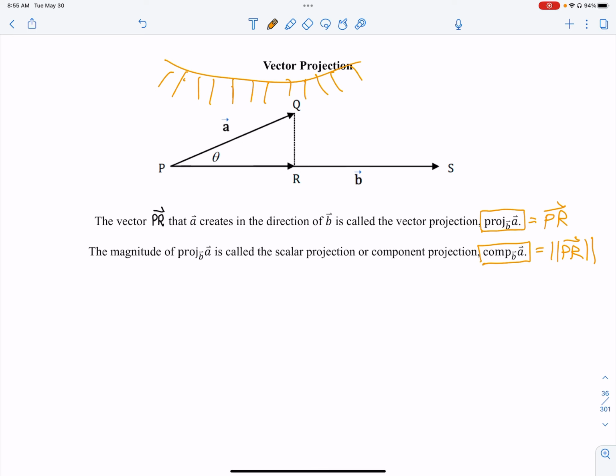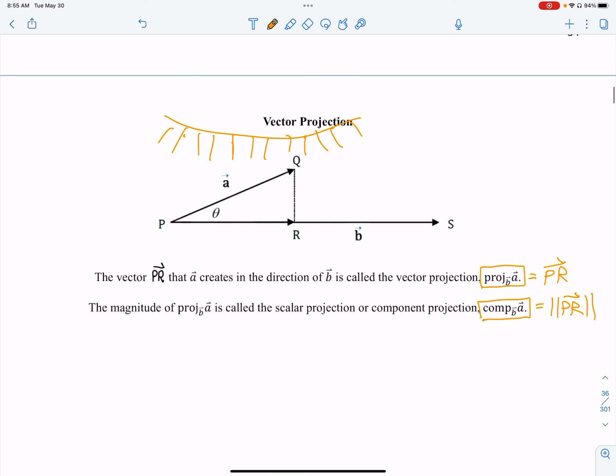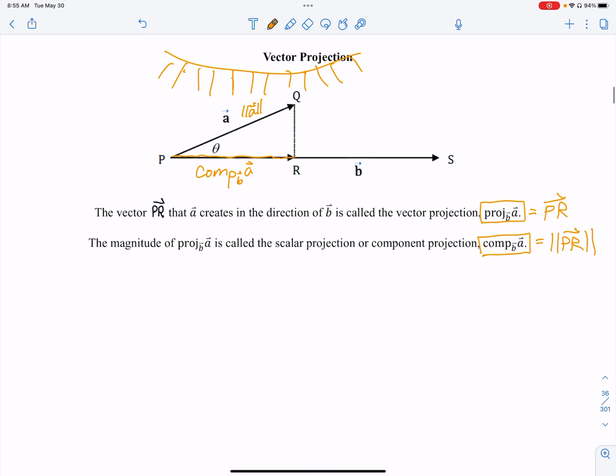So let's start with that this side is actually the magnitude of A, right? And then this side, that length right here, is the comp of A onto B. If I use some trig here, I have an x component with the hypotenuse, so that is my cosine.